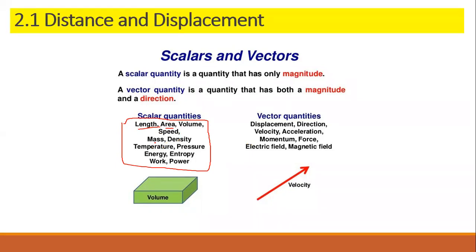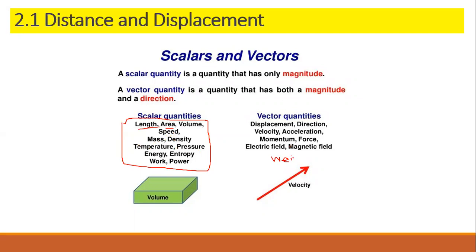We just say this has a mass of 2 kilograms, and this person has a mass of 50 kilograms. So it doesn't have any direction. We are not saying this person has a mass in the north direction. But when we consider weight, we have to consider the direction.